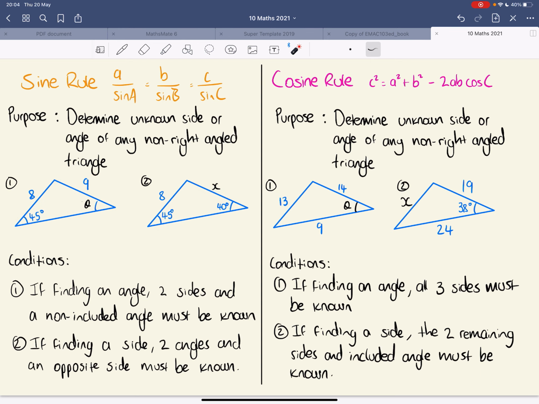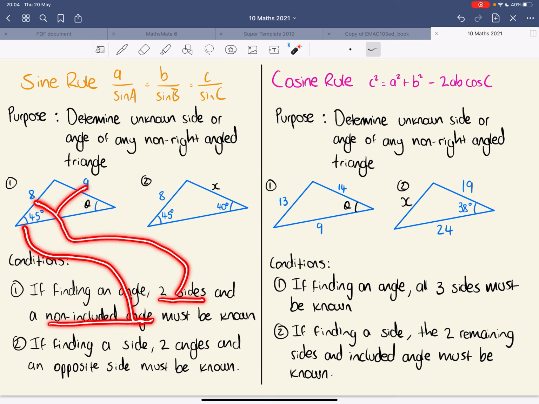So formally, in condition 1, if you're asked to find an angle, which we are, you must know 2 sides and a non-included angle. And here they are. There's the 2 sides and the non-included angle is here. That would be the included angle.